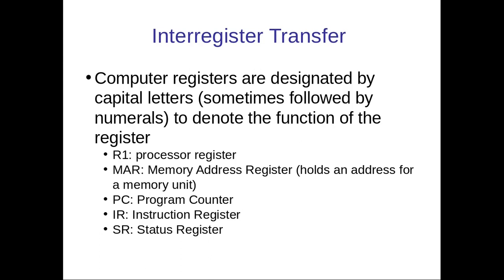In register transfer logic, we will use capital letters, sometimes followed by numerals, to denote the function of registers. For example, R1, MAR, PC, IR, SR. R1 is a processor register, MAR memory address register, PC program counter, IR instruction register, SR status register. This convention will be used in register transfer logic.